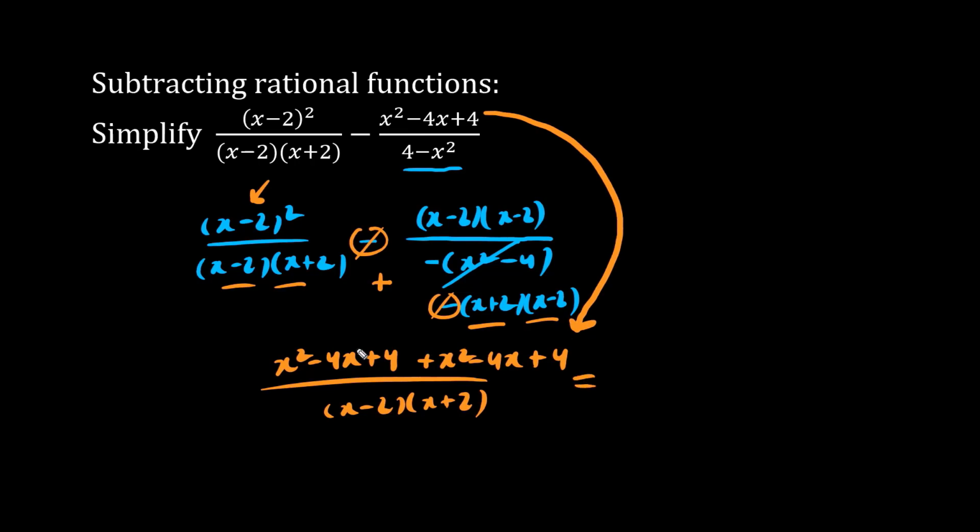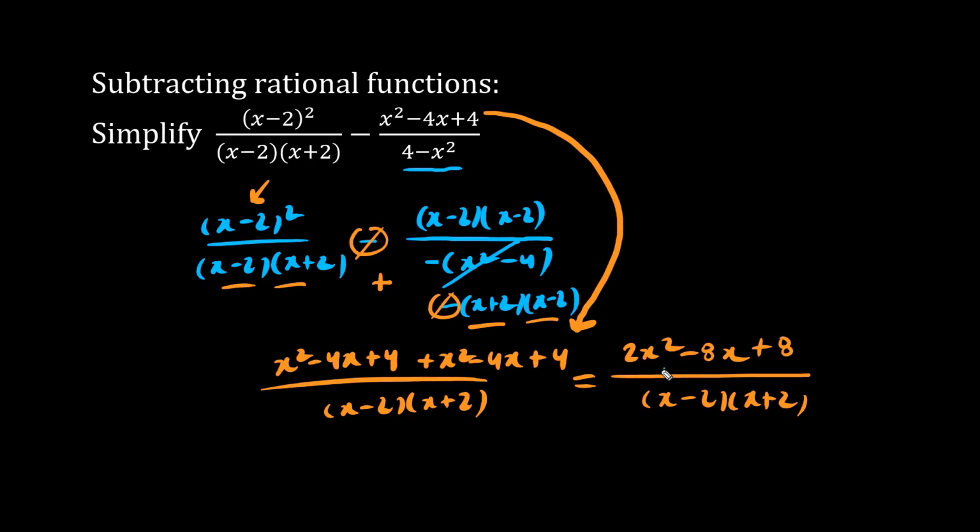So what happens to the top? x squared plus x squared is 2x squared. We have minus 8x, and we have plus 8. And the bottom stays the same.